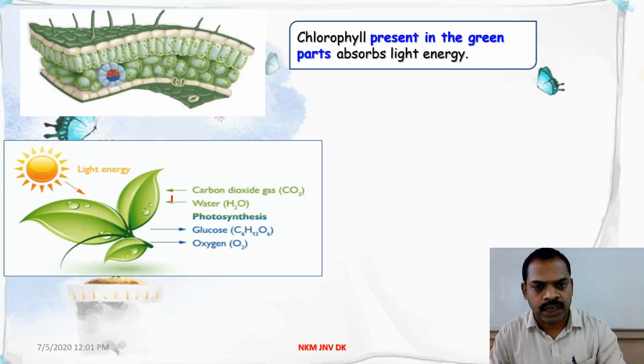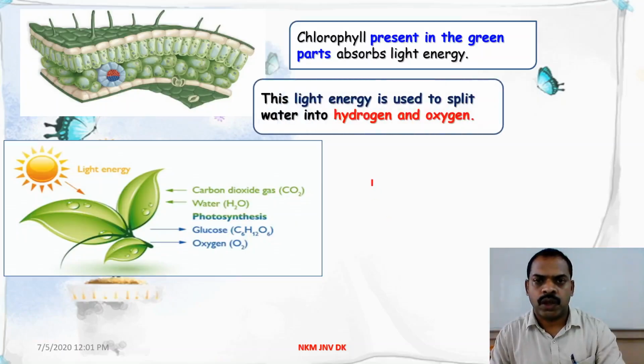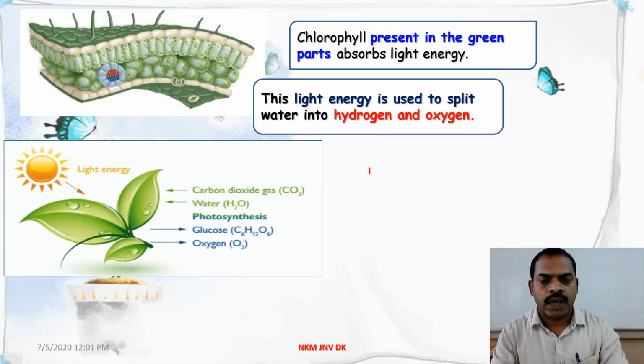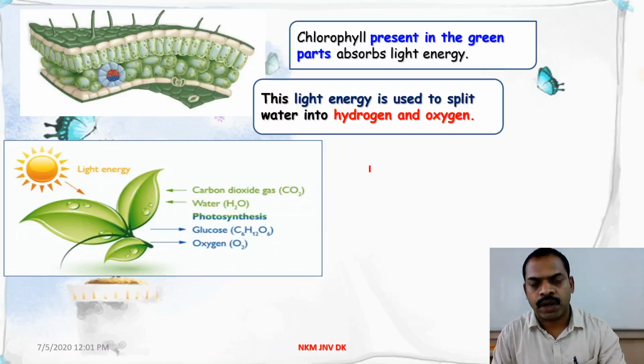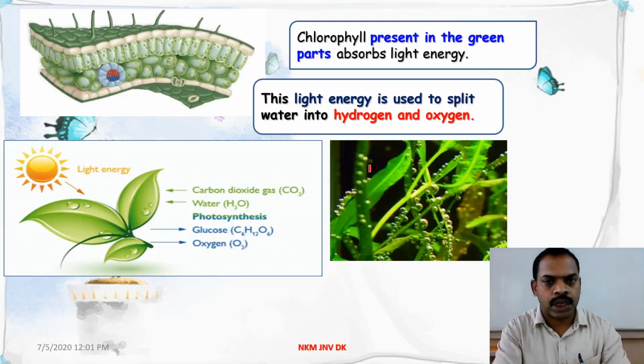So they use light energy, take in carbon dioxide and water, and produce glucose and oxygen. Now what is the role of light energy? Basically, it splits water into hydrogen and oxygen. This hydrogen is used in plants, and oxygen is liberated.